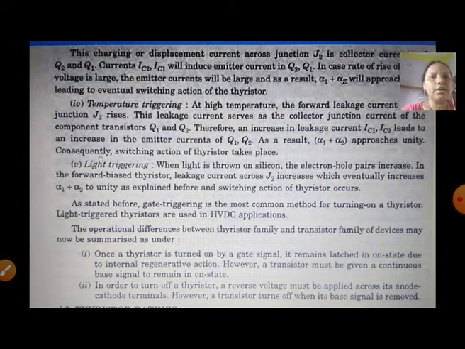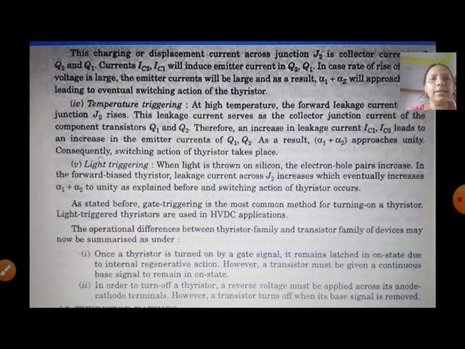This leakage current serves as the collector current of the component transistors Q1 and Q2 in the two transistor analogy.